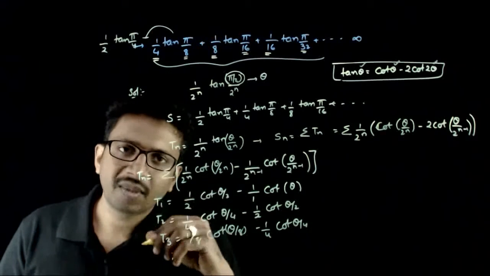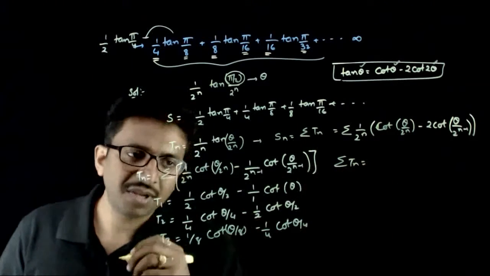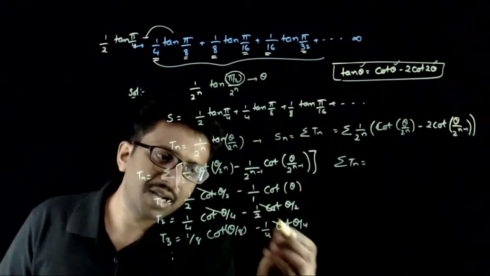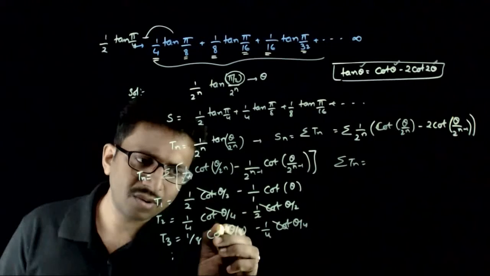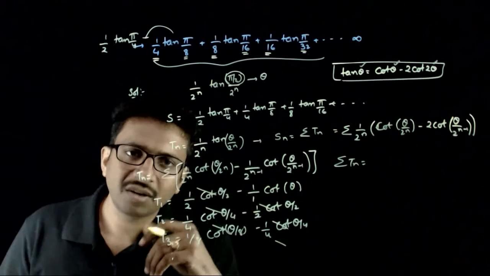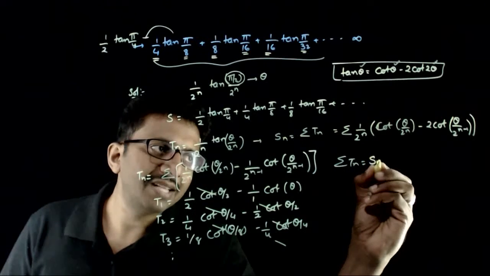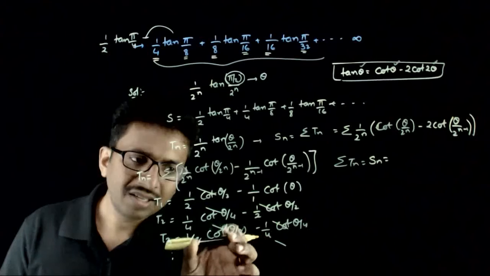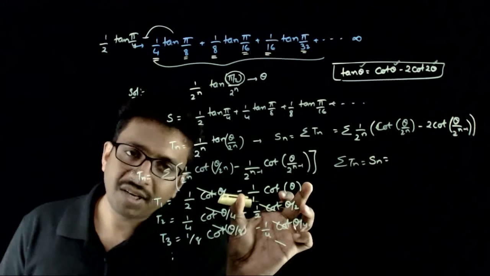And so on. So what happens if you add these? What is sigma Tn? As you can see, if you add all these terms, we get cancellations in this direction. So this and this gets cancelled. As you go on till infinity, these things go on getting cancelled. So what is Sn? Once you cancel all this, you have a term remaining here and a term remaining here.